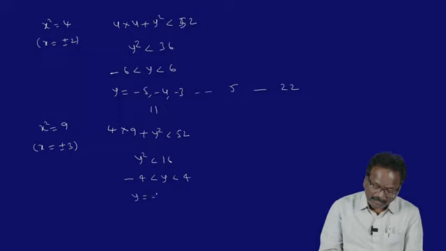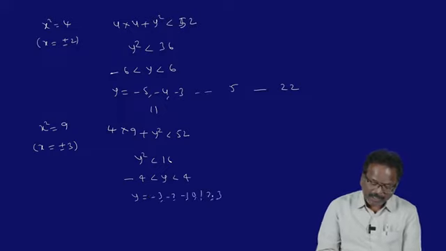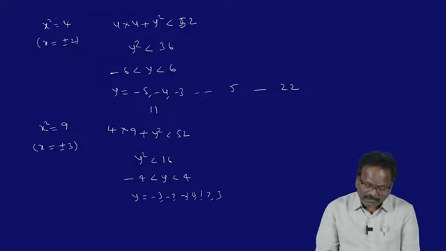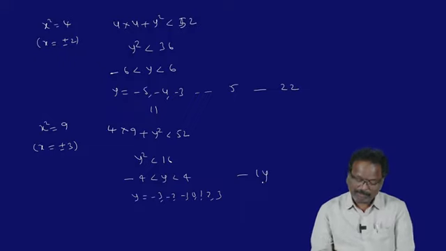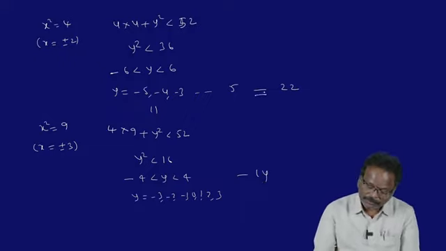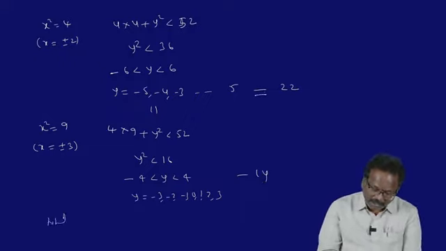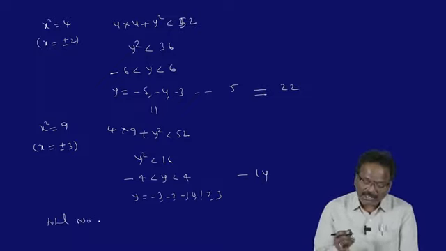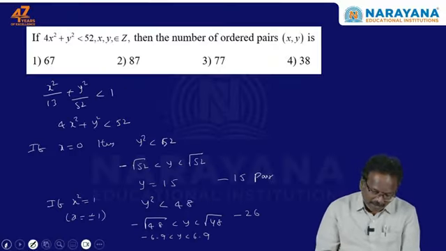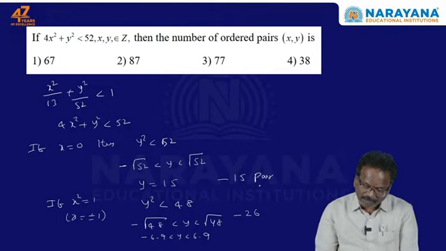So y may be equal to minus 3, minus 2, minus 1, 0, 1, 2, 3. Here if x is plus 3, 7 values, minus 3, 7 values. Total values are 14 only. Therefore, the total number of integral coordinates that lie inside the ellipse are, if x is 0, 15.